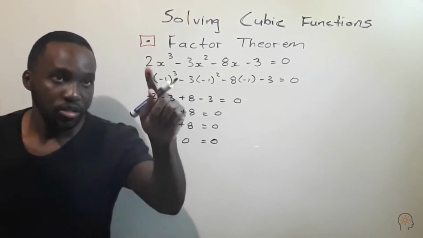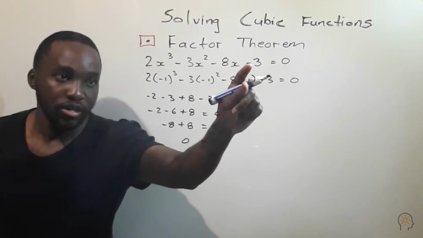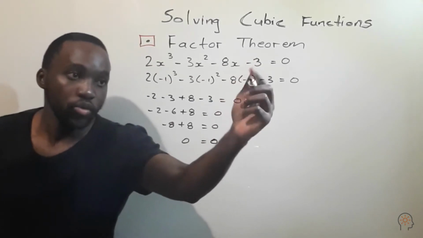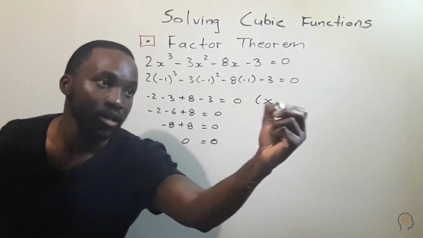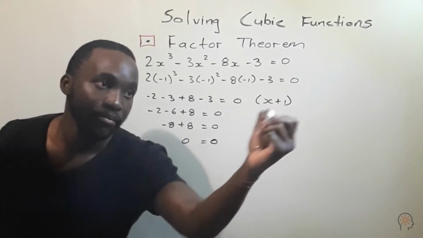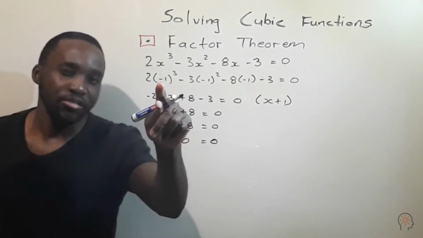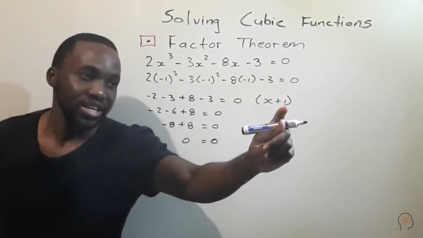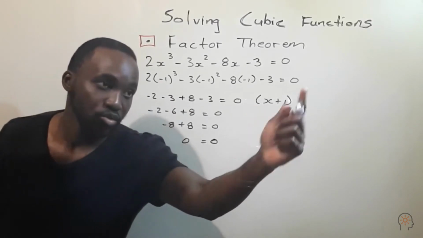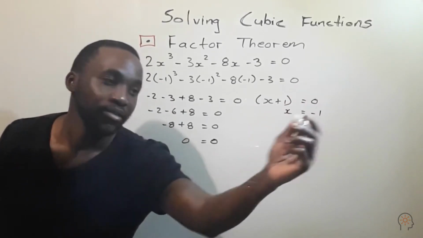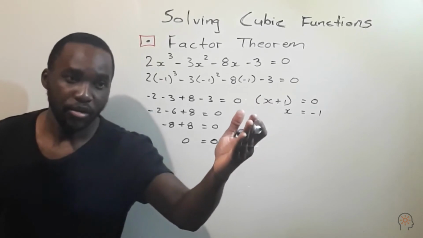So what it means is, if this is to be factorized, one of your brackets will be x plus 1, because negative 1 is a solution, and that's where negative 1 is coming from.